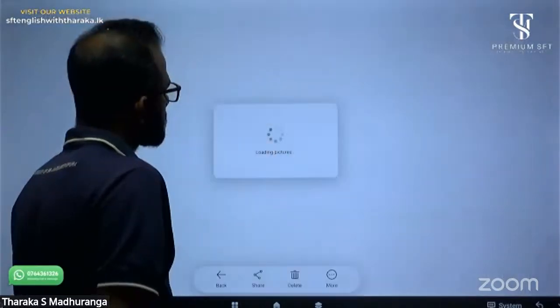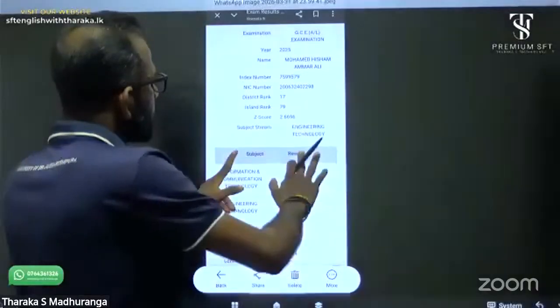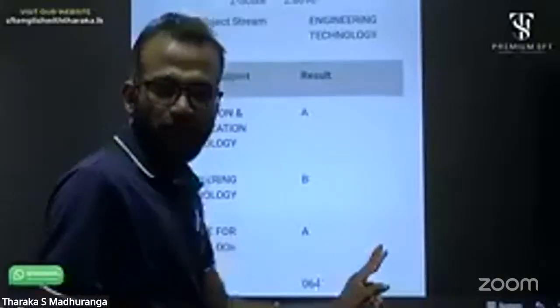This is the best information: ICT A, engineering technology B, science for technology A.